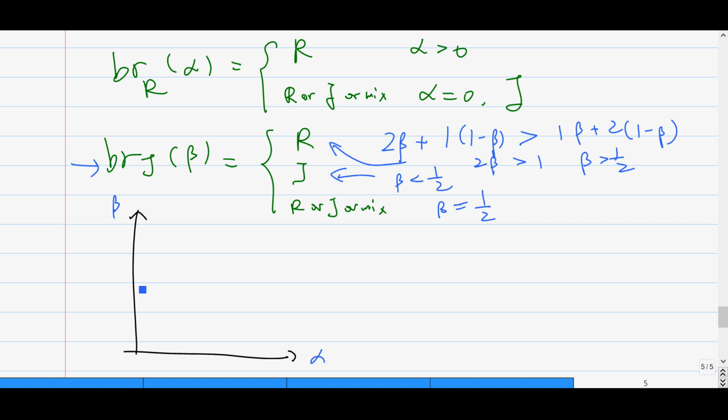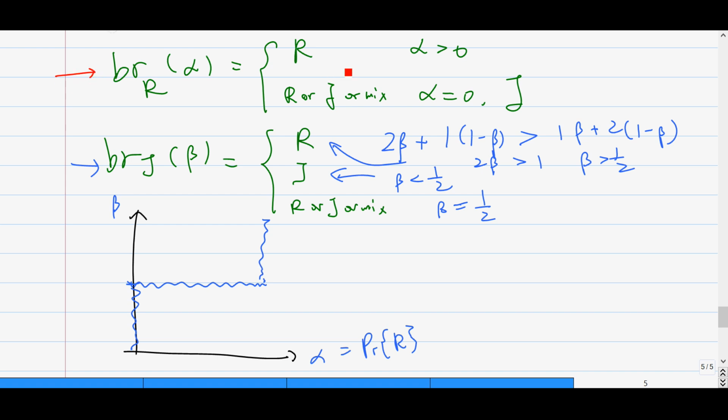So when it's equal to a half, anything is okay. It's like this. When beta is less than a half, it means I need to go to J. So J means alpha equal to 0. Again, alpha is the probability of going to Robots. So 0 means J, and 1 means R, so it looks like this. The original version I posted is wrong, so now I'm fixing it.